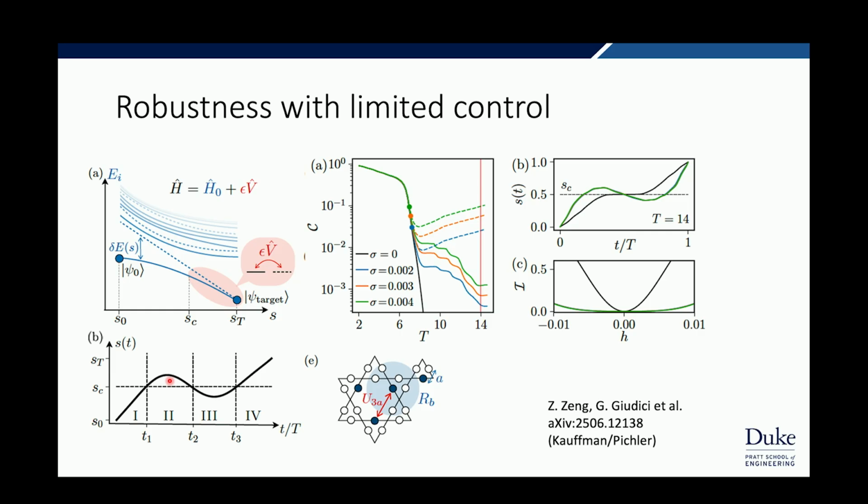If there are other errors, can I use some of Ed's ideas on curvature of spaces to actually make the analog quantum simulation even better? I don't know, but I think the answer is yes. And with that, I'm done. I'll take questions.